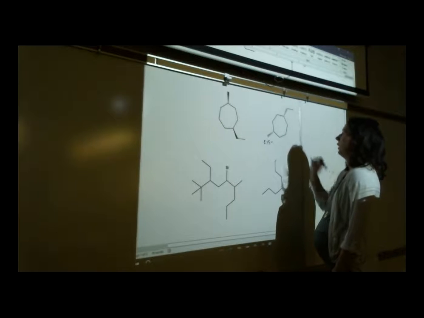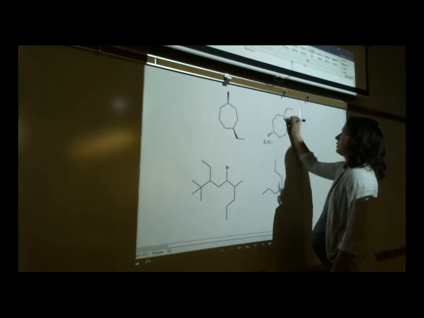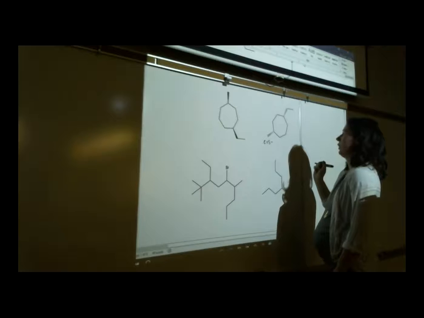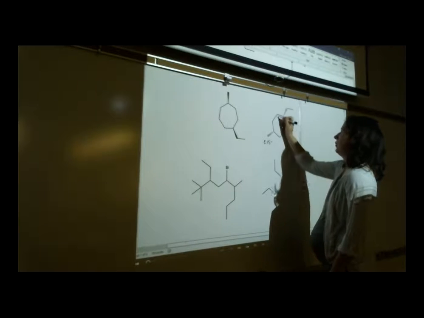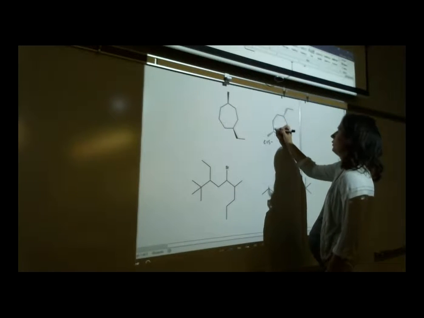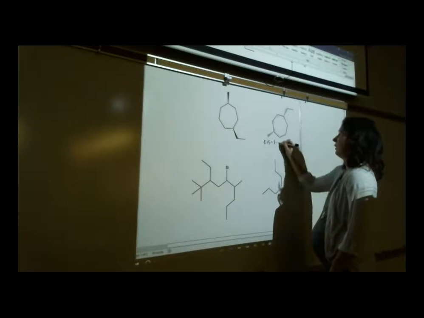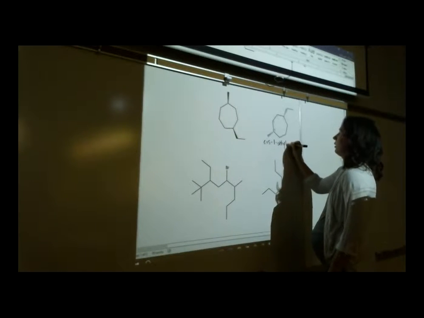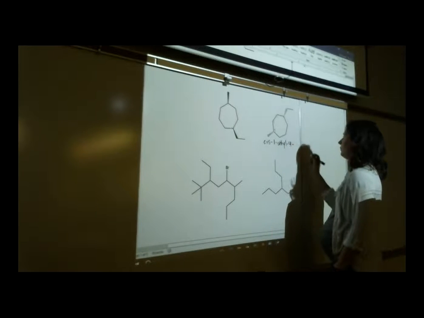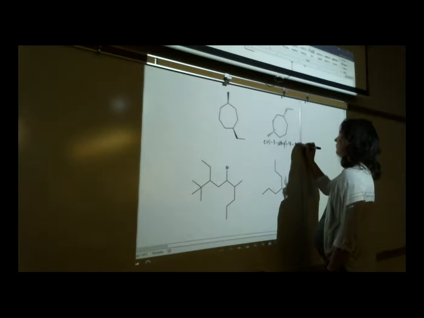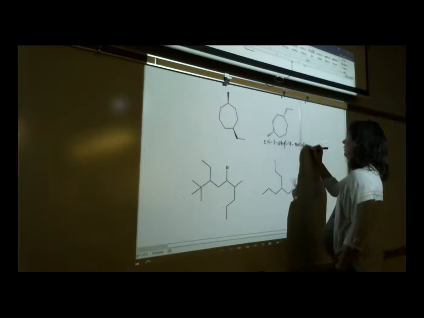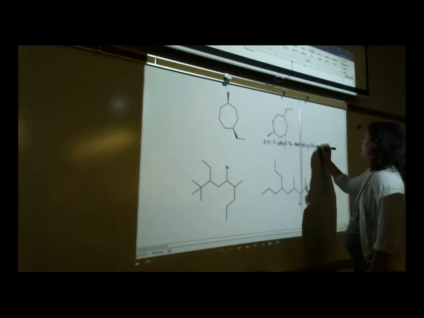Up top or on the bottom? Top, and we're counting clockwise or counterclockwise? Right, 1, 2, 3, 4. So this is cis-1-what? Ethyl, 4-what? Methyl, cycloheptane.